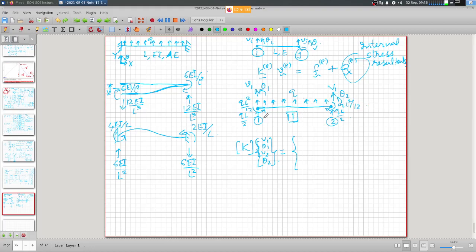Right? So the forces are going to be QL by 2, and then this is in the positive sense QL square by 12, then QL by 2, and then this is in the negative sense minus QL square by 12, plus whatever the stress resultants are, V1, M1, V2, M2. These are the internal stress resultants.